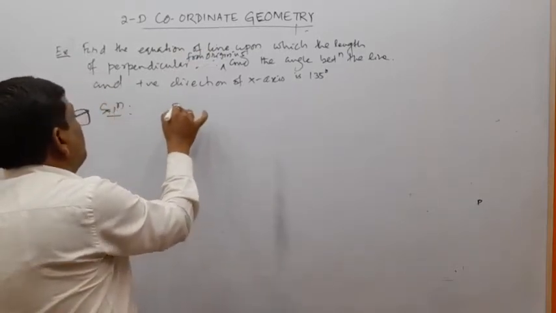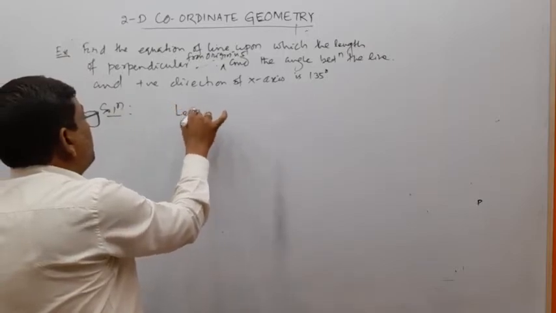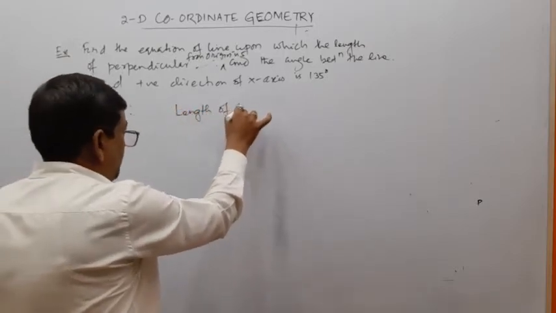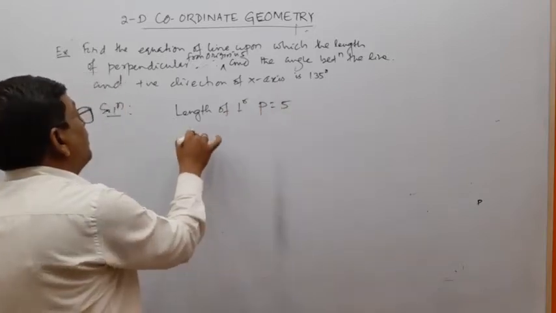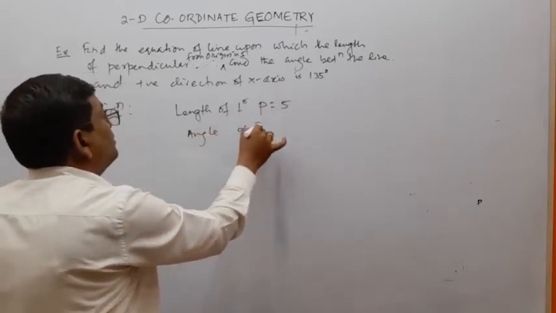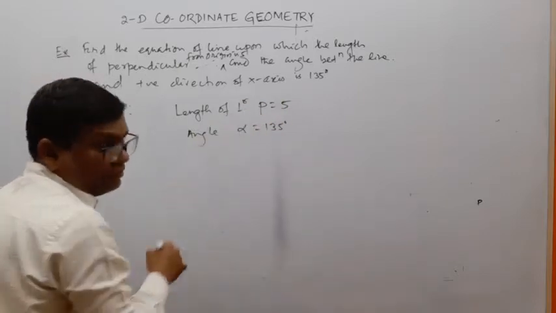Solution: here P, the length of the perpendicular, is 5, and angle alpha is 135 degrees.